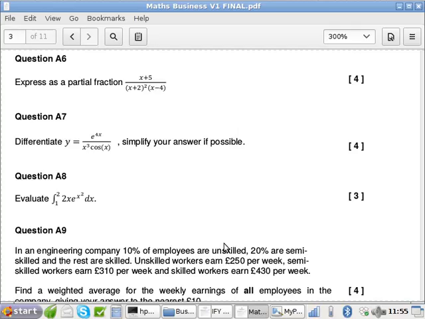Okay, so try that. e^4x is actually in the formula book. It's 4e^4x.